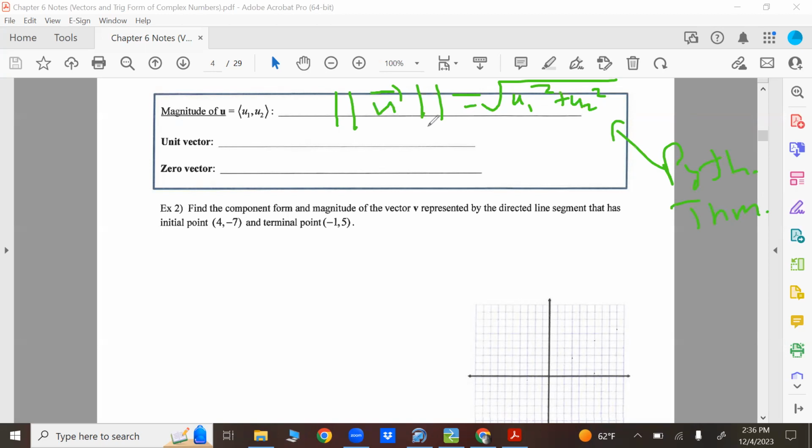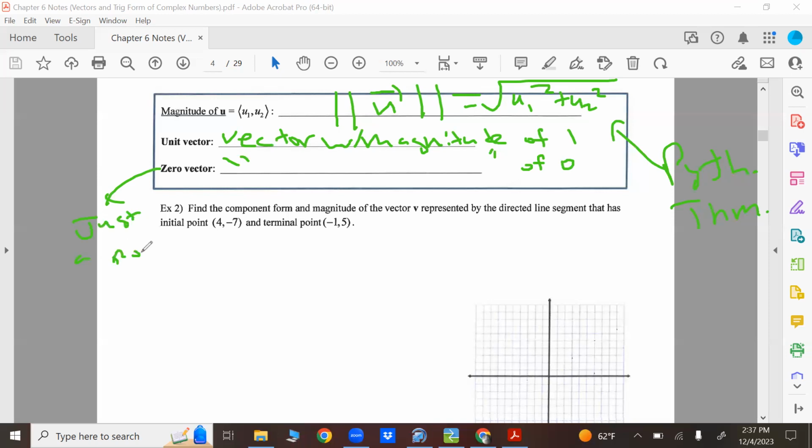Now, a unit vector is a vector with magnitude of 1. And a zero vector has magnitude of 0, which means it's just a point, because there's no length to it, obviously, right?